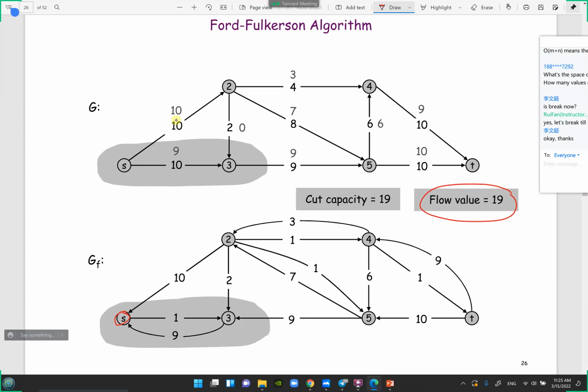So at most, if you do a graph traversal from S, you can get up to node 3. Then we have this region consisting of node S and node 3. If you look at how much capacity there is going out from this region, from node 3 you have one edge going out, which has a capacity of 9.